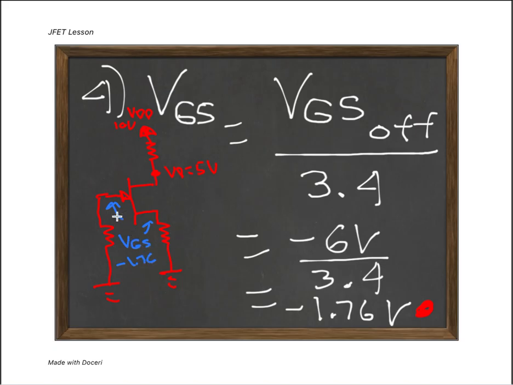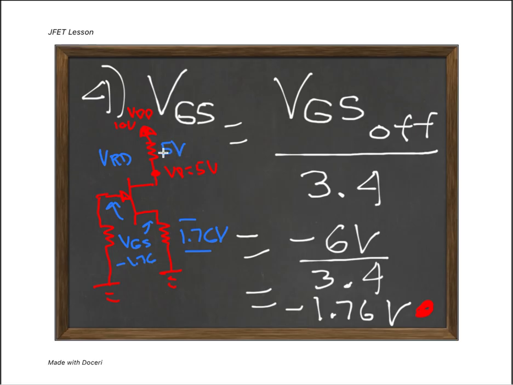So therefore, if the gate to source voltage is minus 1.76, the source voltage, as we've seen before, is 1.76 positive. Okay? And if the drain voltage is 5 volts and the bias voltage VDD is 10 volts, that means the drain resistor voltage is obviously the difference between the two. That's going to be 5.